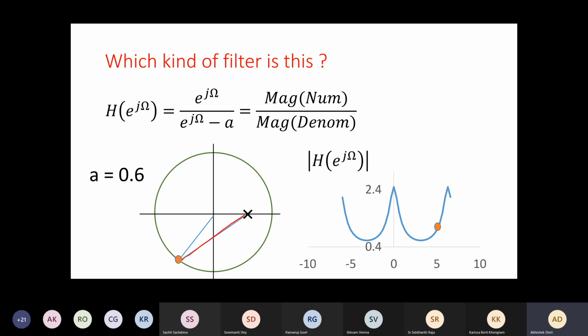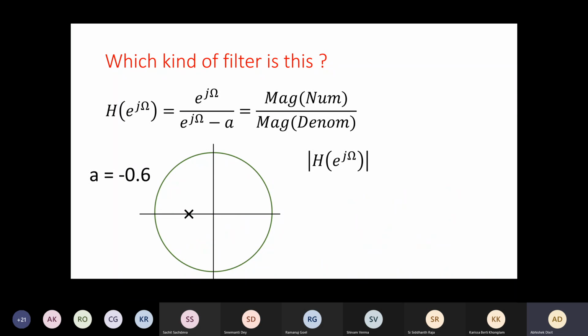Okay. Now let us look at the second case. When my A is minus 0.6. This part, if you have to find mod of H(e^jω), what would happen? This length at omega equals 0 will be maximum, right?